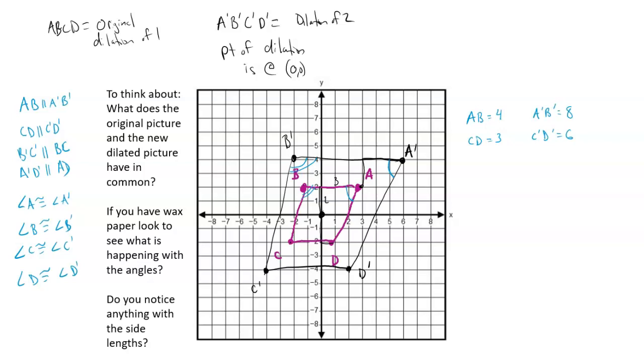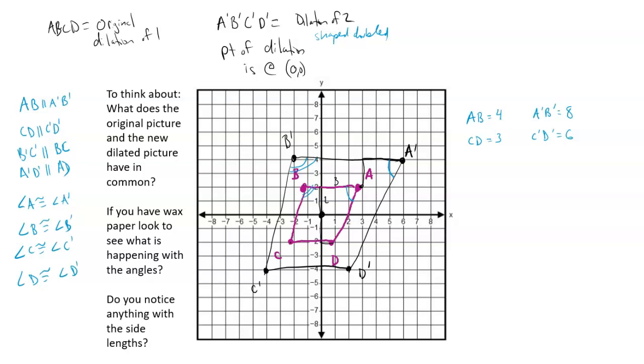So it almost looked like it doubled. So the shape doubled in size. And that kind of makes sense because you had a dilation of 2. Now, we would have seen that for BC, except we didn't necessarily have to use the Pythagorean theorem to find the missing side lengths. But all side lengths are going to double.